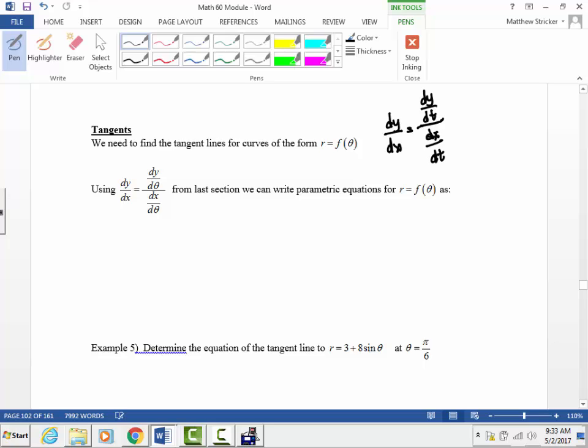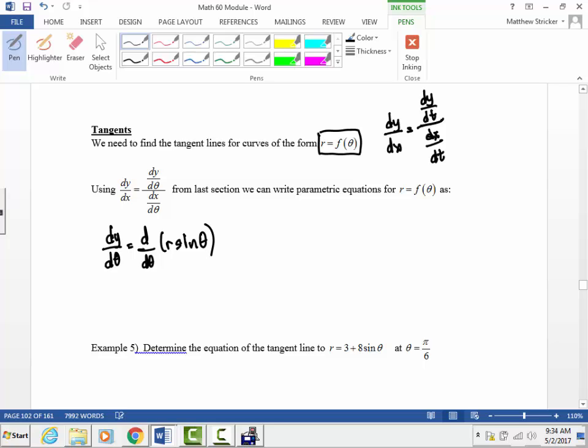So we're basically going to use the same formula, except it's not in terms of t, it's in terms of theta. And we have to remember that r is a function of theta. So when we're taking dy d theta, we're taking the derivative of y with respect to theta, and y is r sine theta.